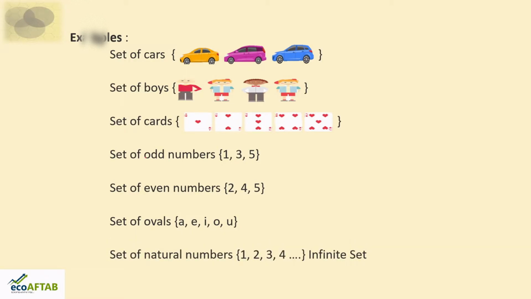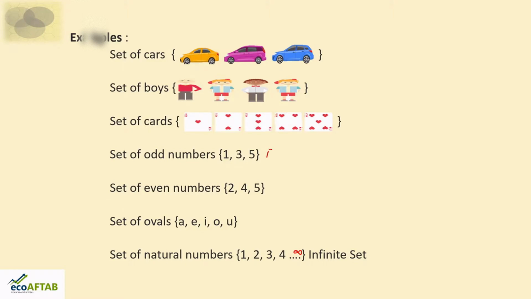Then the set of natural numbers. As we understood in our previous session on the number system, natural numbers start with 1 and go on and on and on till infinity. There is no end to these numbers. So this is called an infinite set.